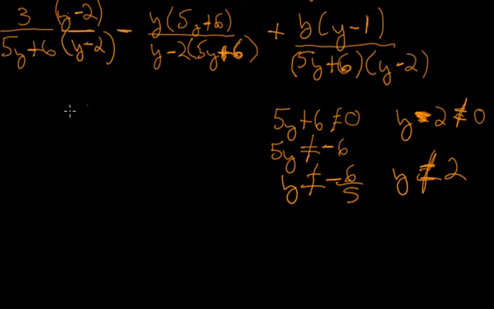Let's take all of this, and we'll multiply this through. 3y minus 6. Multiply this through. Now notice this negative is going to distribute to both terms. So this is minus 5y squared minus, because this negative is being distributed, 6y.